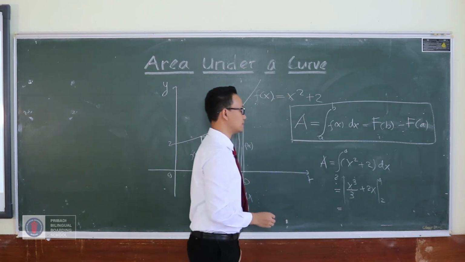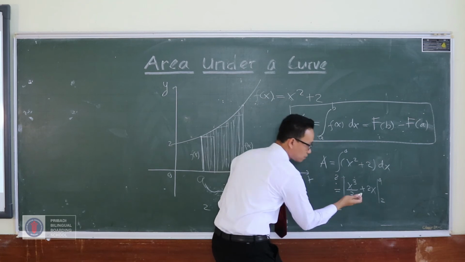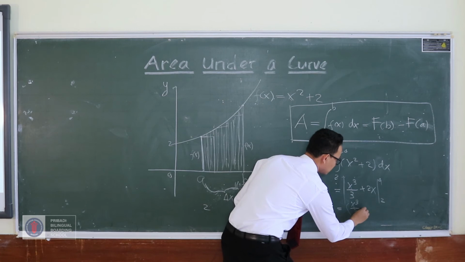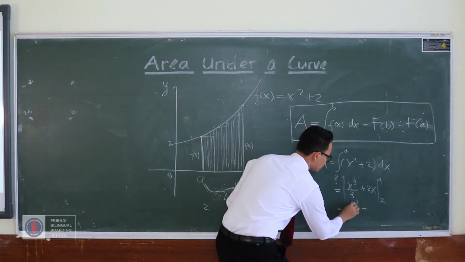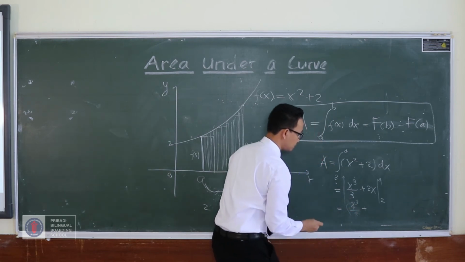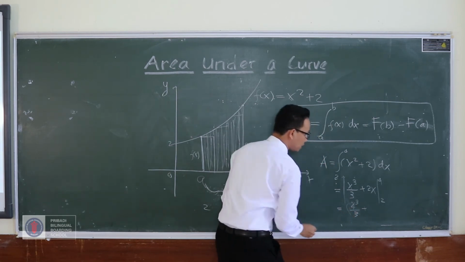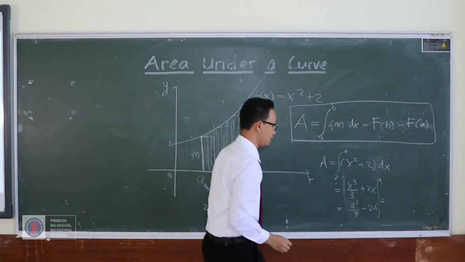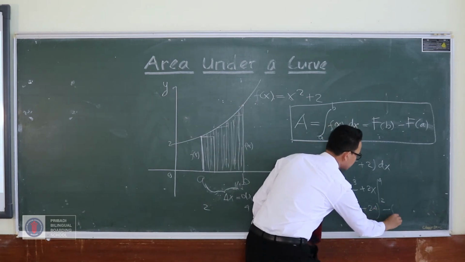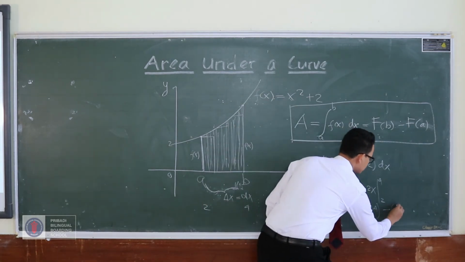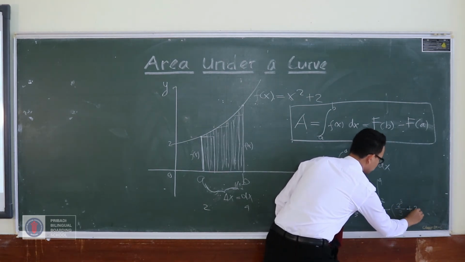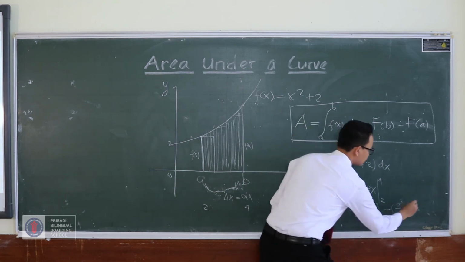Let's start with 4 first. So it will be 4 cubed over 3 plus 2 times 4, and then subtracted by 2 cubed over 3 plus 2 times 2.